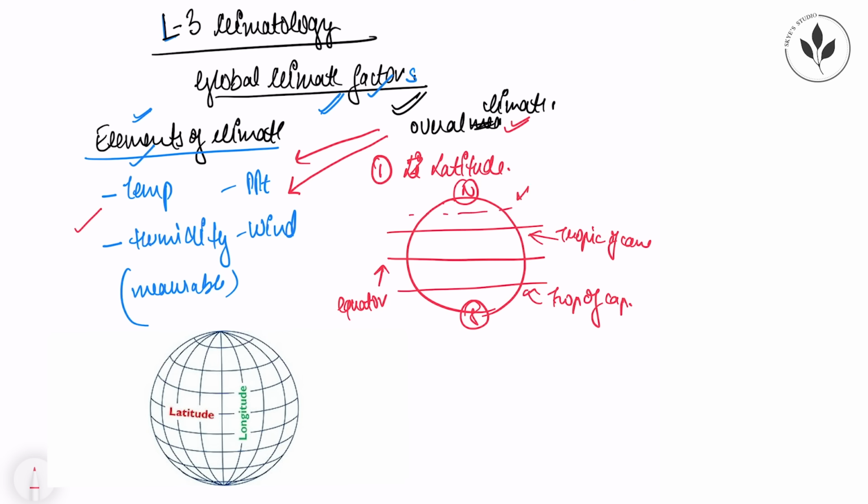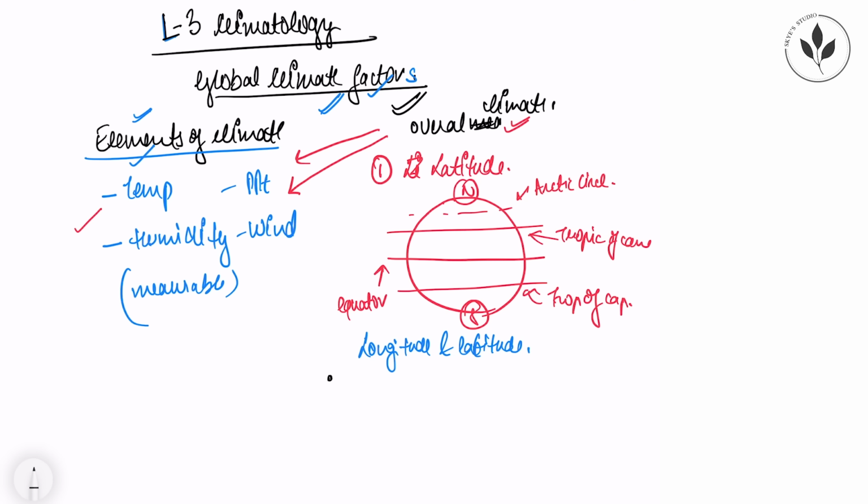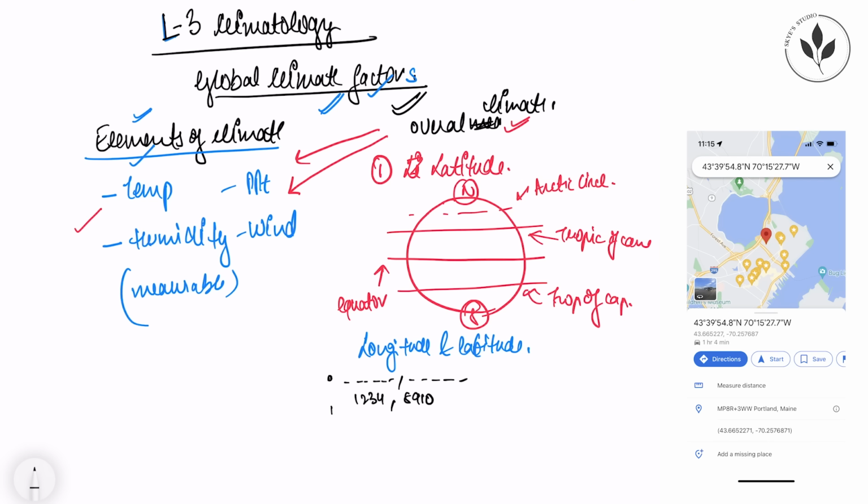We have one line here which is called the Arctic Circle. Now, we have two things: longitude and latitude. Whenever we give a coordinate of a place, we usually write something like 1, 2, 3, 4 by 8, 9, 1, 0.